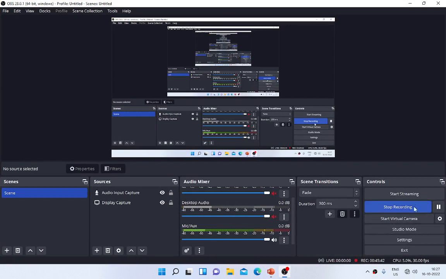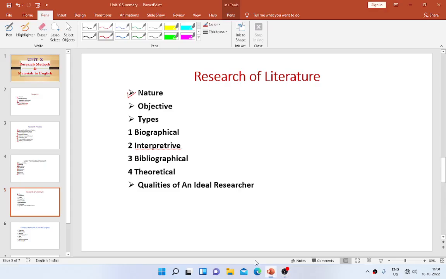So the next one is the objective of literary research. Literary research helps us locate journals and books in a library, and it is an advancement of knowledge, broadening the mind and sharpening the critical insight of the researcher.